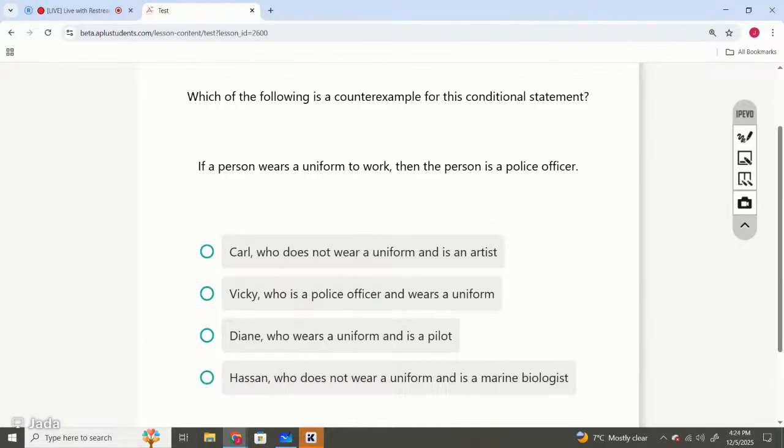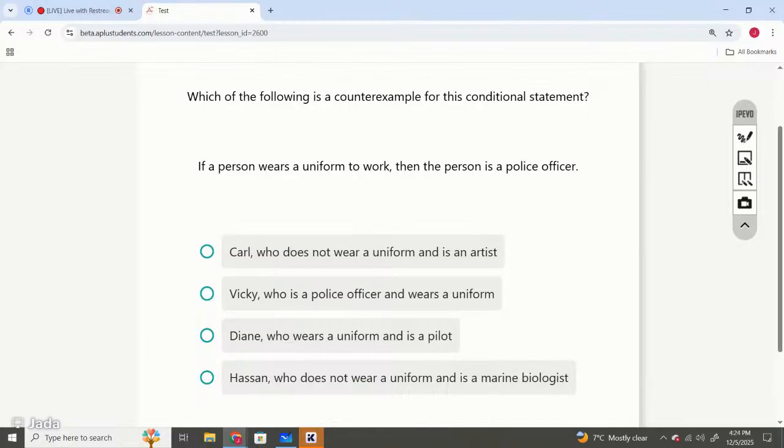Which of the following statements is a counter example for the conditional statement? If a person wears a uniform to work, then the person is a police officer. For the counter example, the hypothesis must be true, but the conclusion is false. Let's look at the examples. Carl, who does not wear a uniform, is an artist.